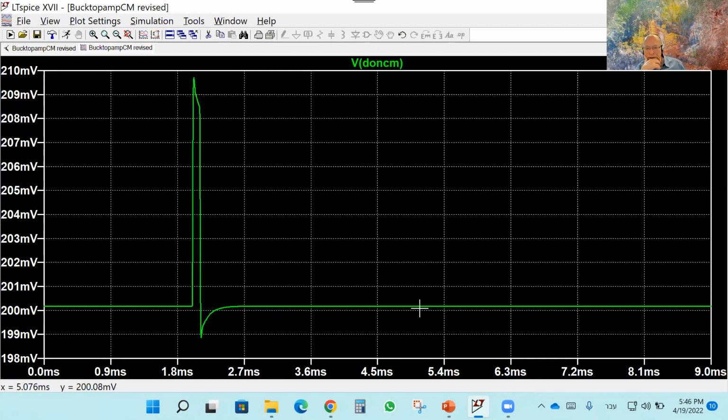Now notice something very interesting. VE moved up because it is determining the peak current. And the current now needs to be higher because I've loaded it with an extra 1 amp. But the transfer ratio between input and output is the same because I'm keeping the same output and the same input.